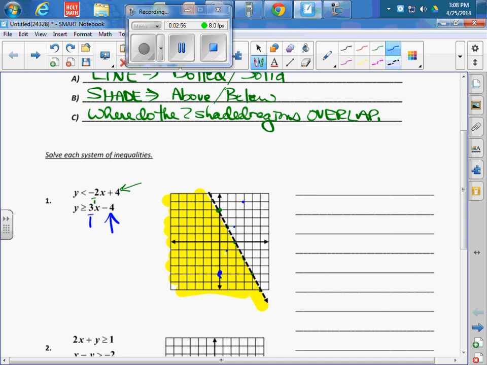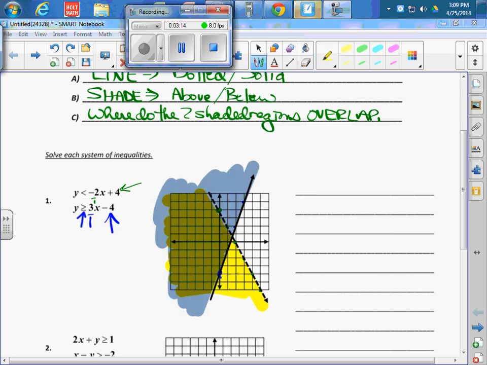Well, whenever you have a solid line here, I want a solid line on the graph. So this is going to be a solid line. And now I'm going to shade, because it says greater than, everything above this line gets shaded. So everything above the solid line gets shaded in blue.